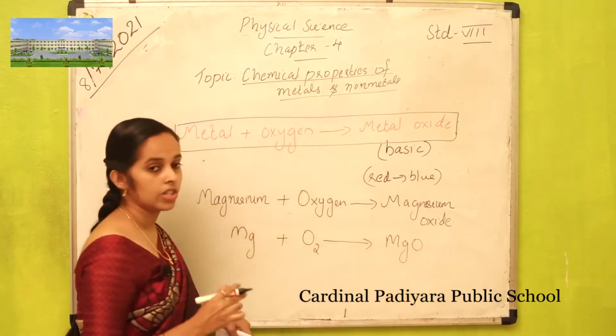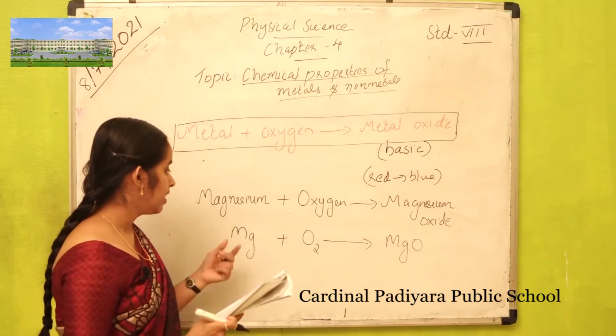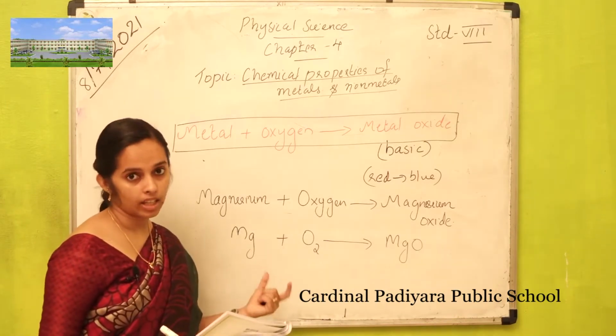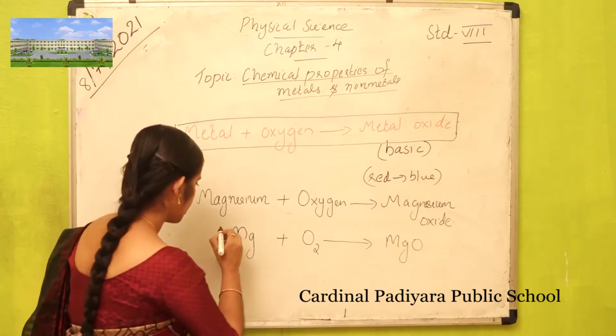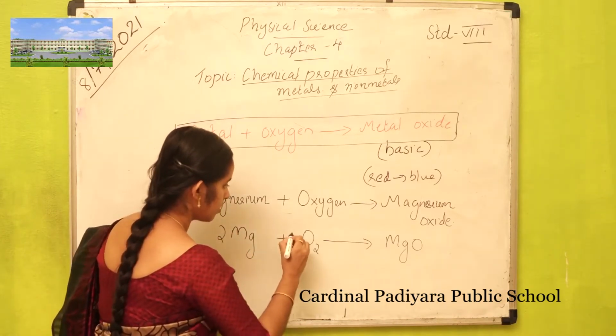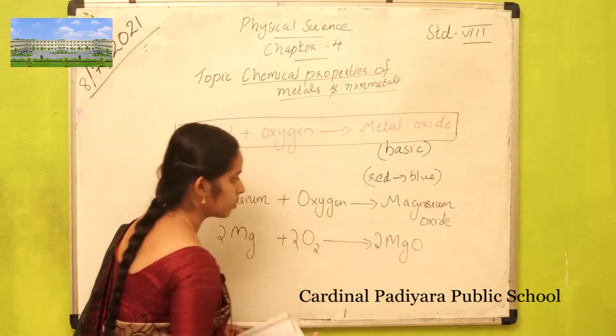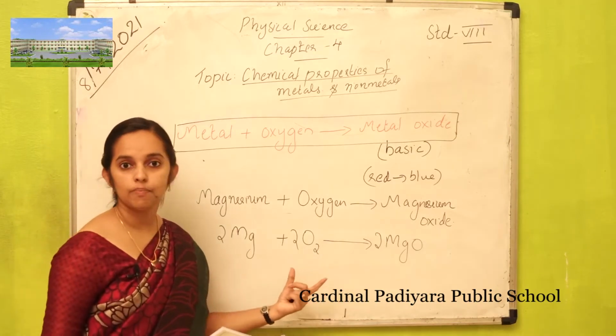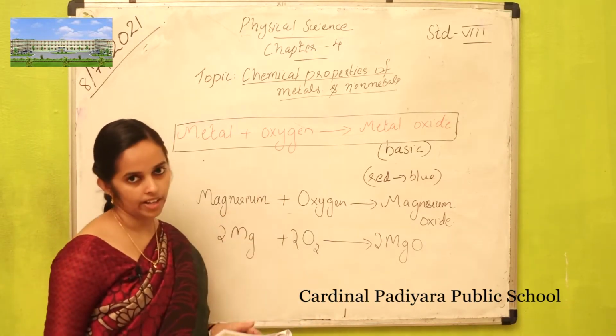Okay, magnesium oxide. Then here we have to balance the equation. So I am putting 2 here, then 2 here also. Now this is the balanced chemical equation of this reaction.